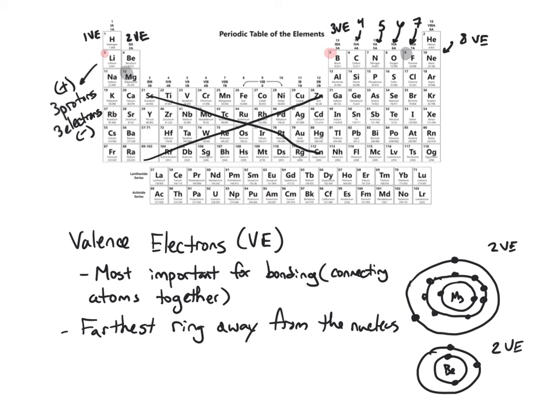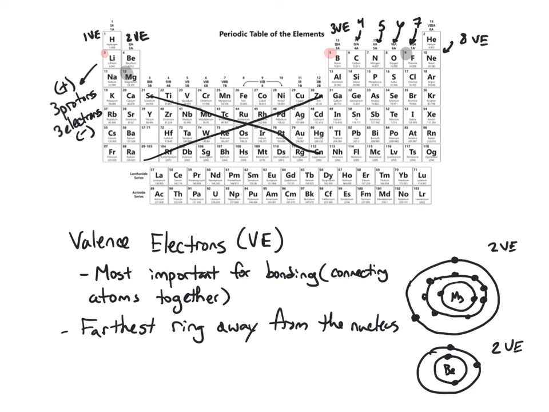But 8 is the maximum amount of electrons that you can have in the second and third ring, and so these elements all have full valence energy levels. That is the magic of the periodic table. The columns are organized by valence electrons.